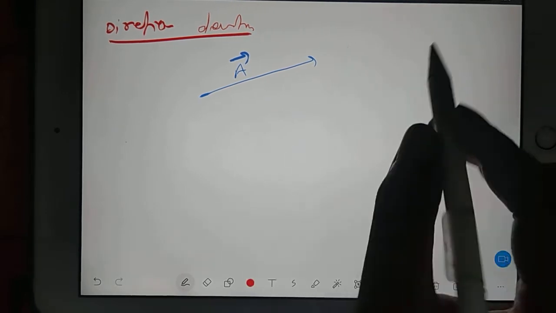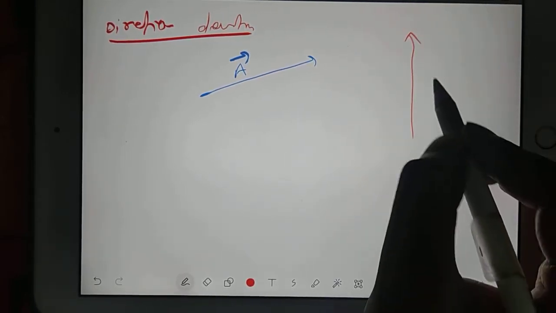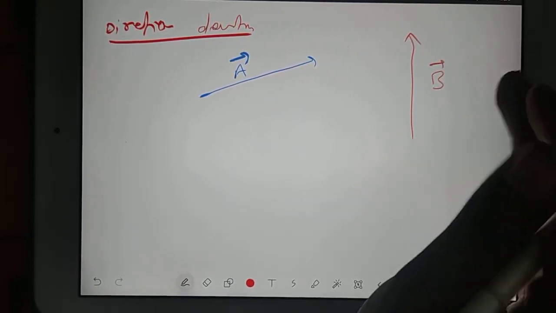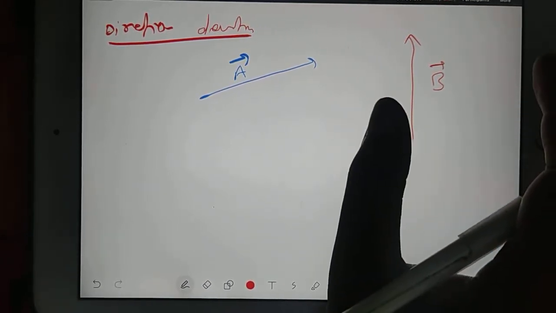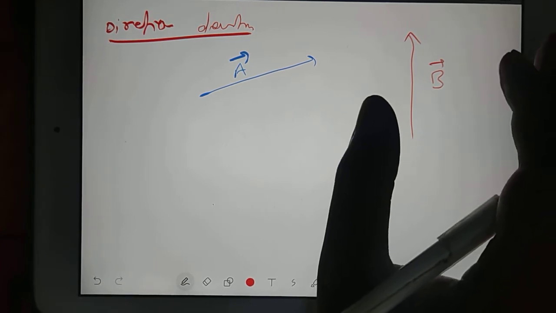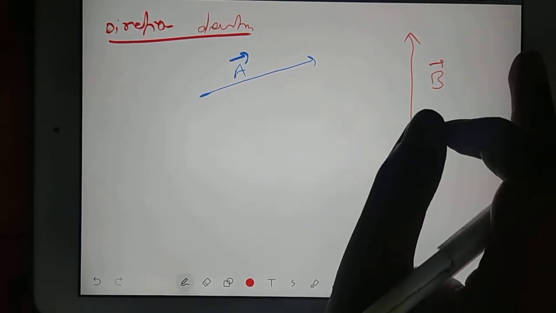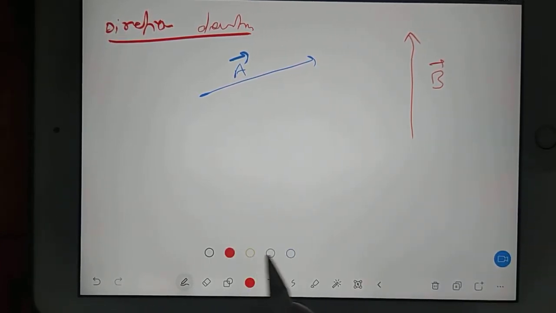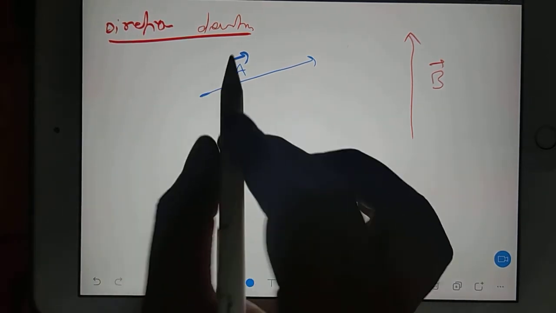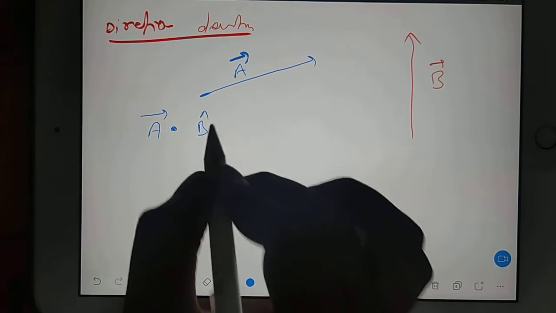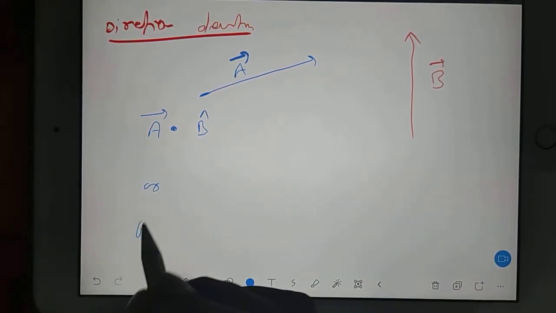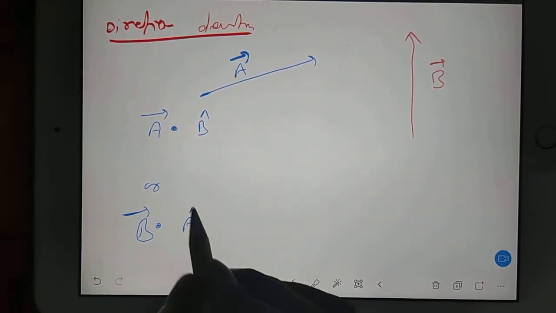Suppose you have another vector B also. This is also having its own direction. Now I want to find out directional derivative. Directional derivative means A dot B cap or B dot A cap.